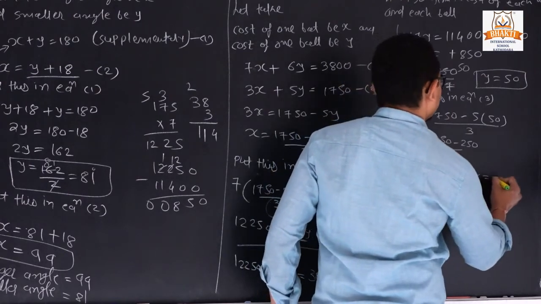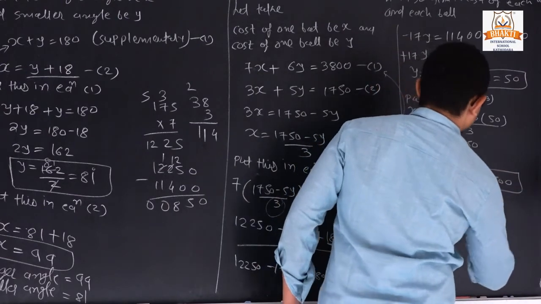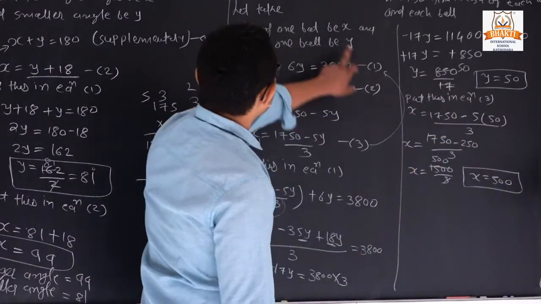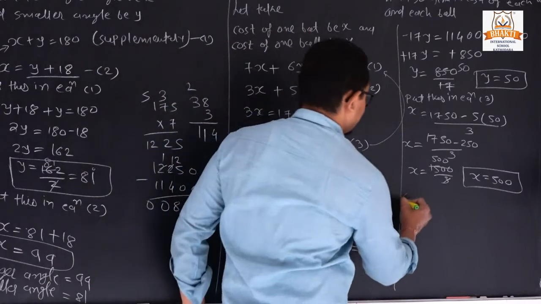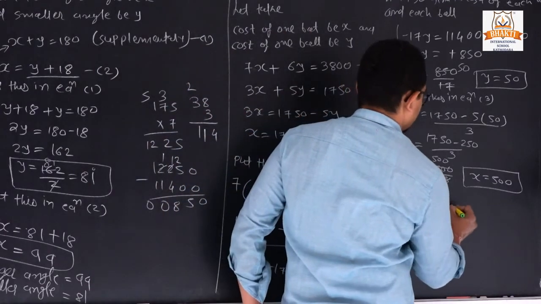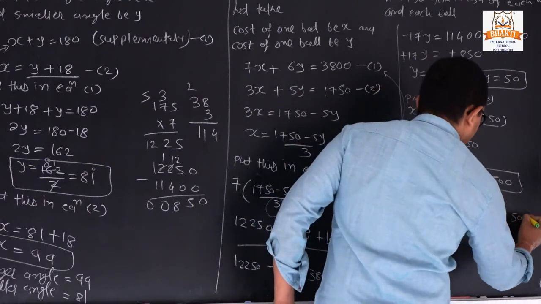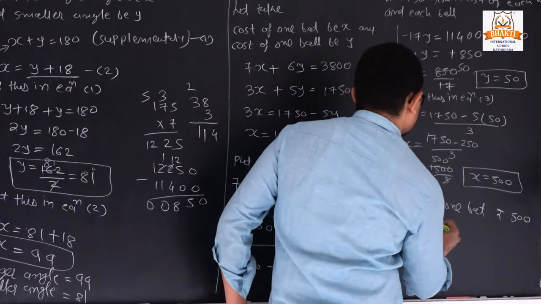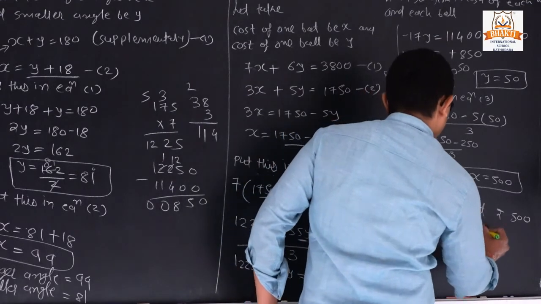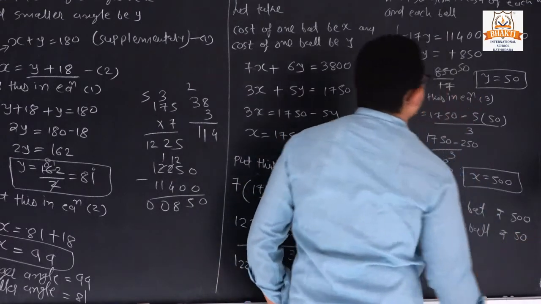So what is the value of x? It is 500. It means what? Cost of one bat is equal to rupees 500, and cost of one ball is rupees 50.